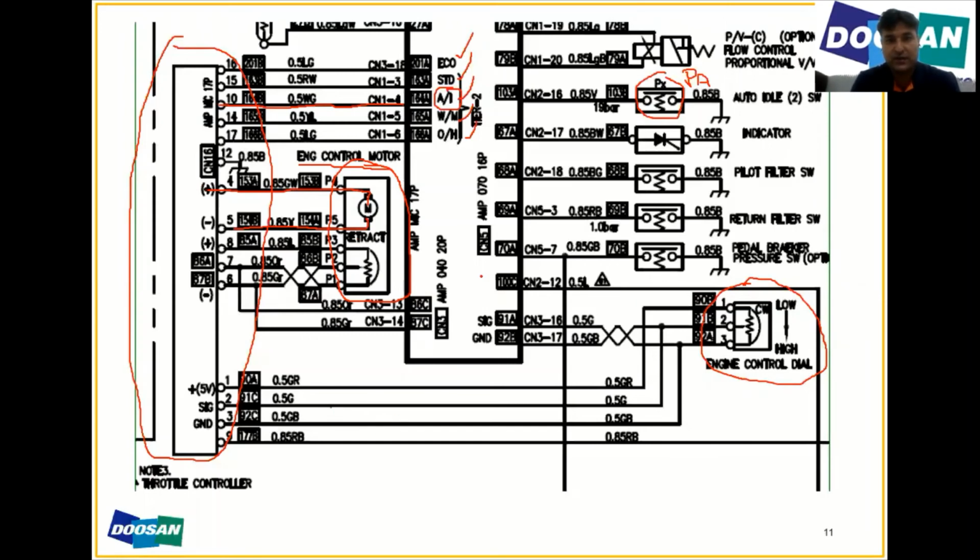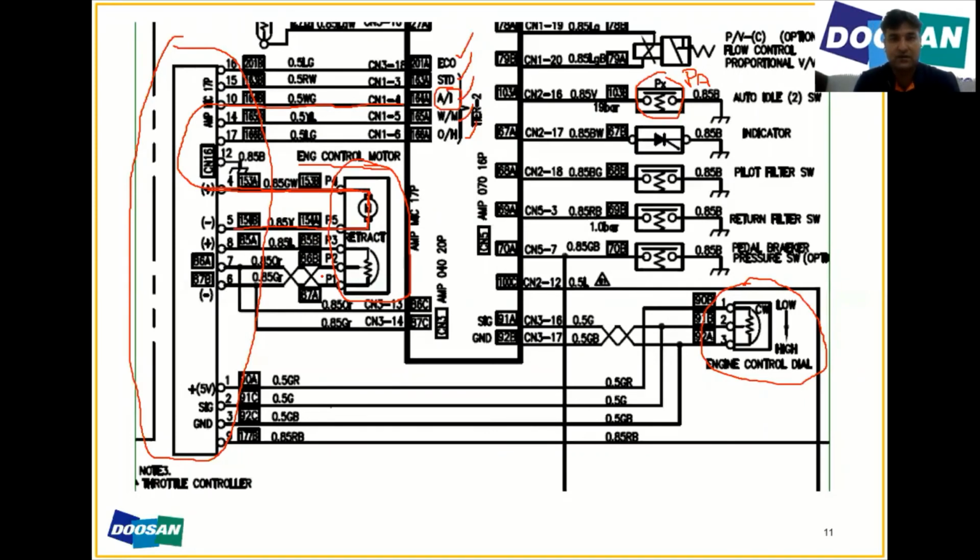In this way, this is the electrical system, and in the electrical system we have a pressure switch which is used for connecting and disconnecting the ground to the EPOS. Then the EPOS, through this line, interfaces with the throttle controller, and the throttle controller, through this signal, connects to the engine control motor, and the engine control motor increases or decreases the engine RPM according to the machine condition: machine in idle or machine in working mode.